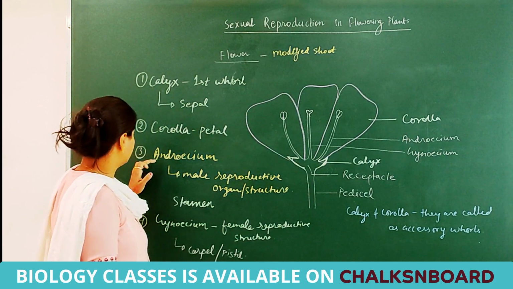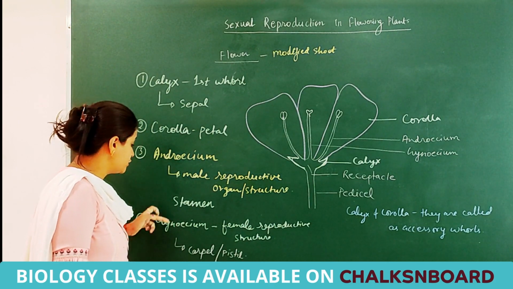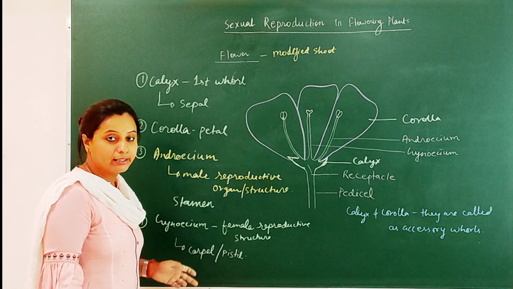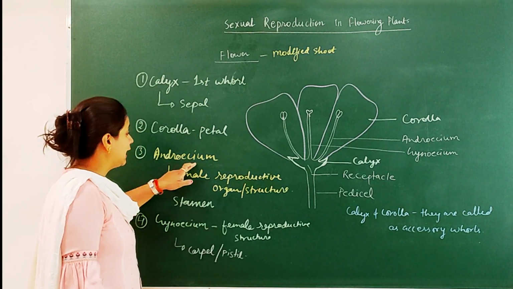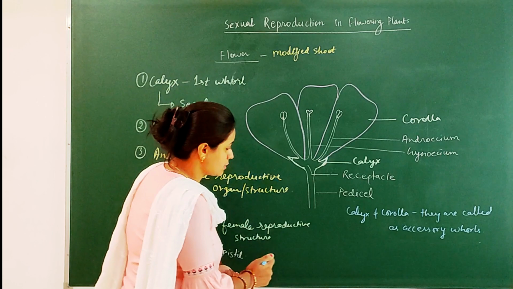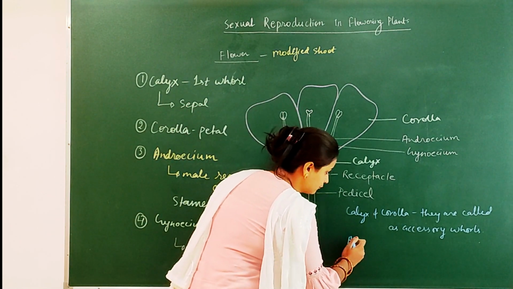Now, the next structures, androecium and gynoecium, are directly involved in the process of reproduction, and that is why these 2 structures are called essential whorls.